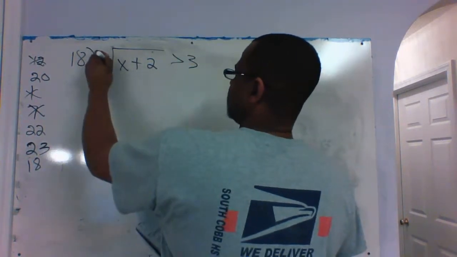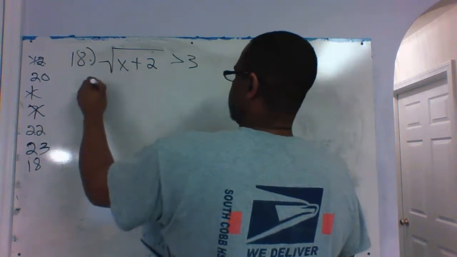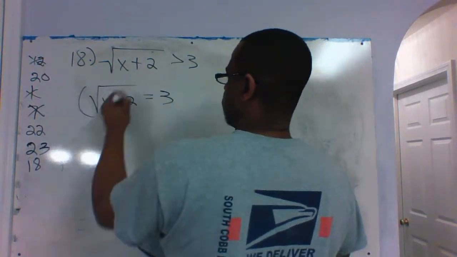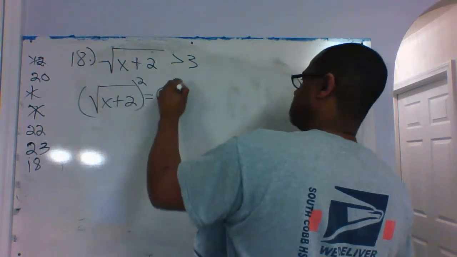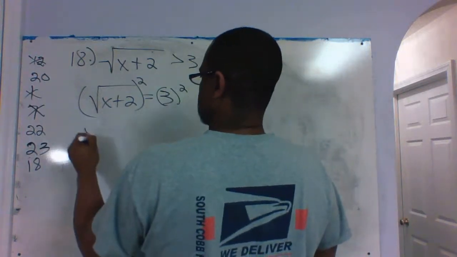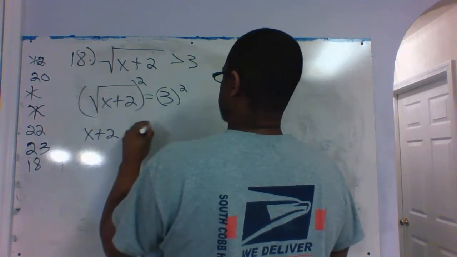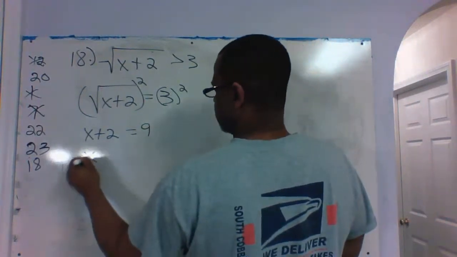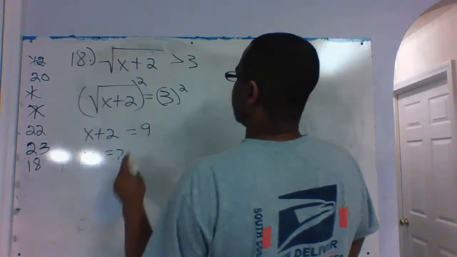So for 18, we got the set is equal to square root... square both sides. All right. And so we have x is equal to 7.